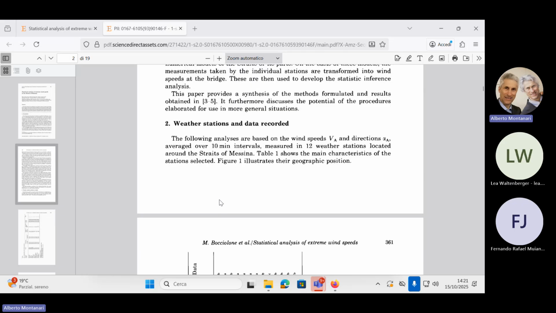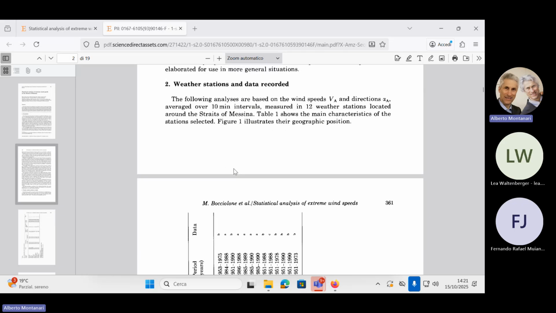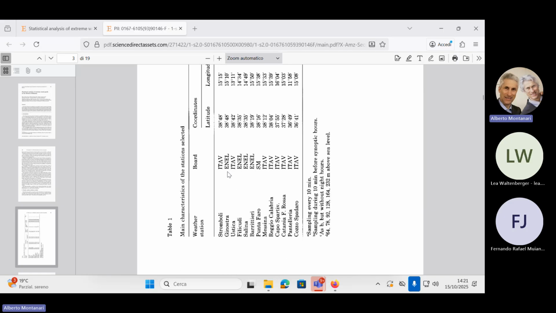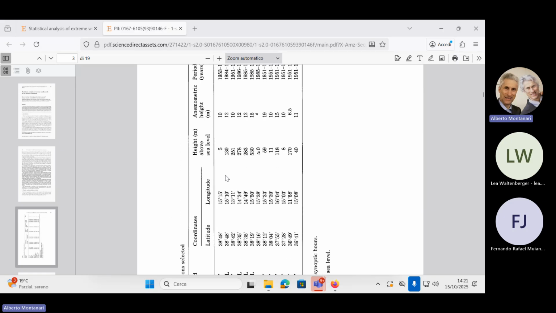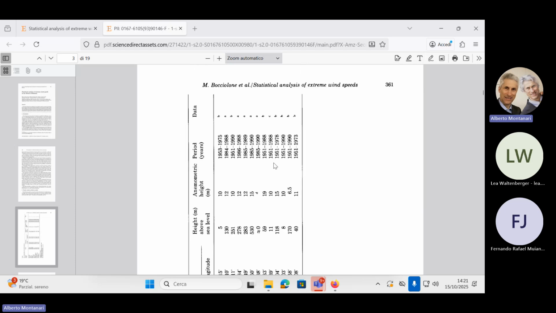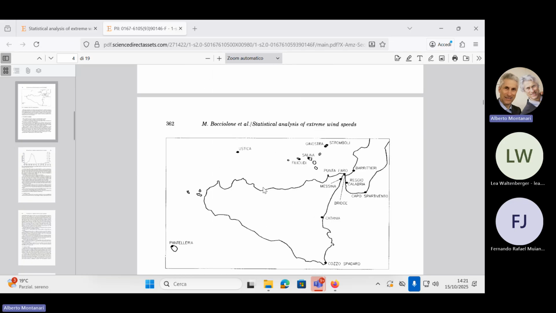And here they explain the data that they recorded. Here, I think the table is the list of the weather stations with the observation period, you see, and that's it. Look at the observation period. This is another thing that I always do. It's quite short, okay? Given that we are interested in very extremes, it is a bit short. Okay, and then here there is the map.